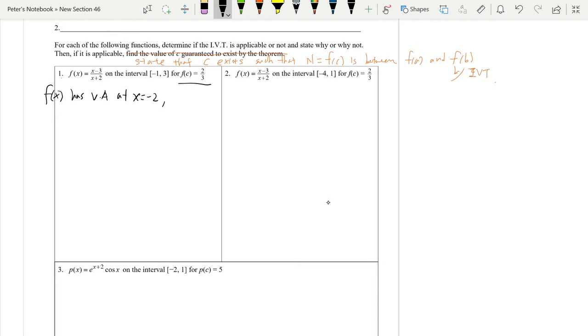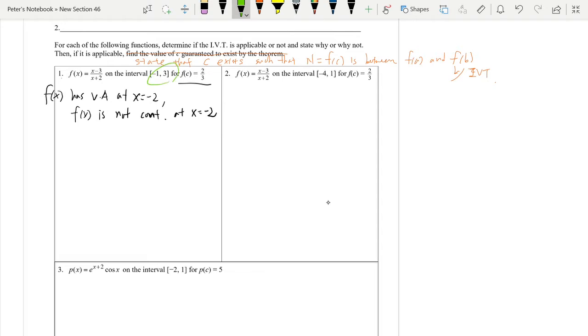And we know f of x is not continuous at x equals -2.